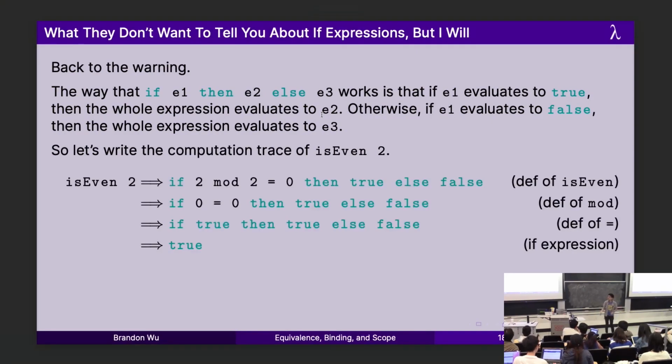And this is a lot, but by the definition of is even 2, I'm going to get if n mod 2, so 2 is bound for n, 2 mod 2 equals 0, then true else false. I use the definition of is even to get there. Then if 0 equals 0, because 2 mod 2 evaluates to 0, so I use the definition of mod. And then 0 equals 0 is true, so I step to this. I get if true, then true else false.